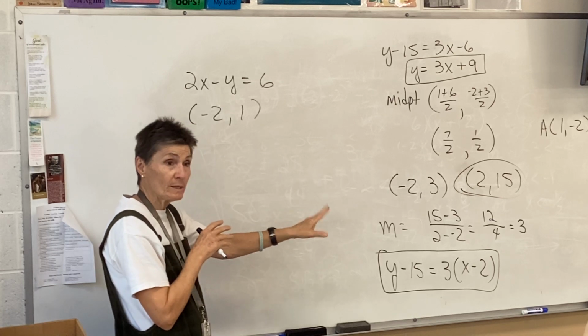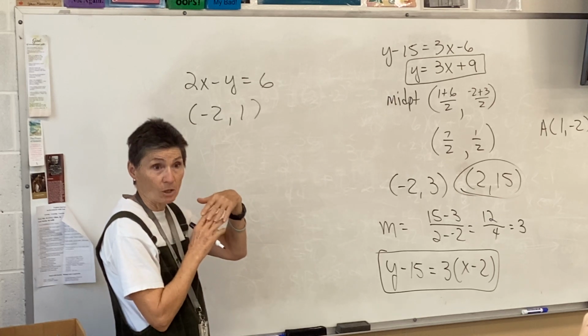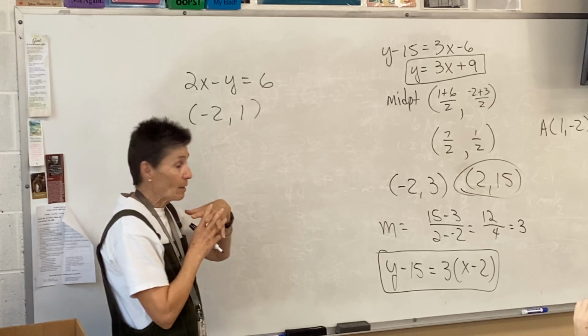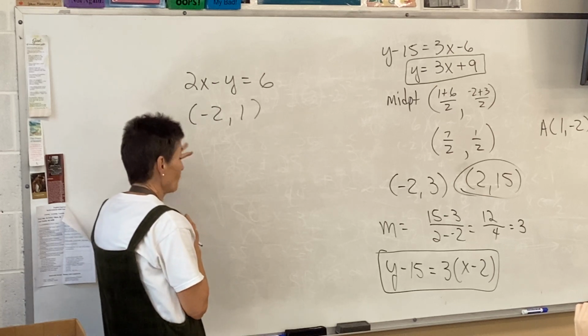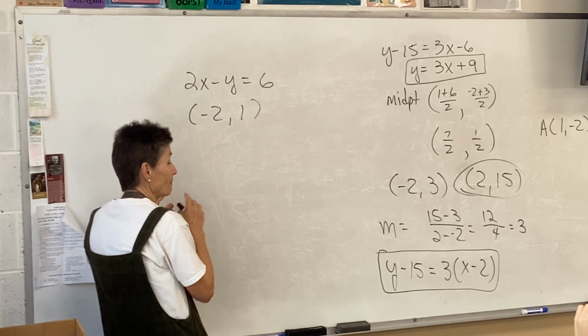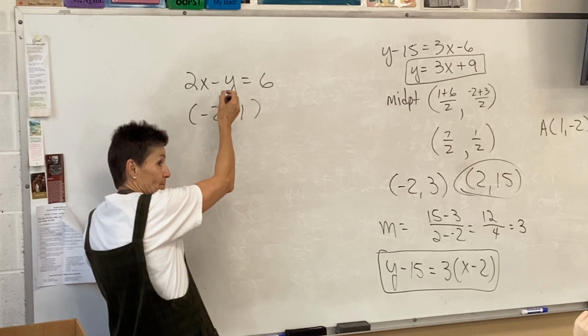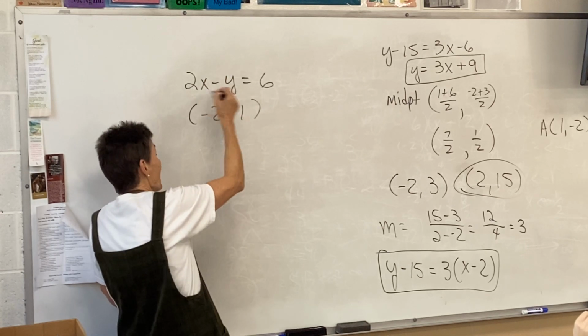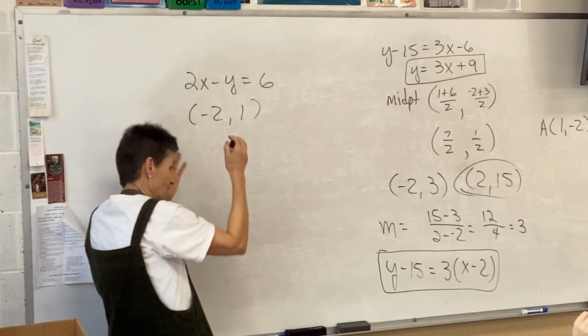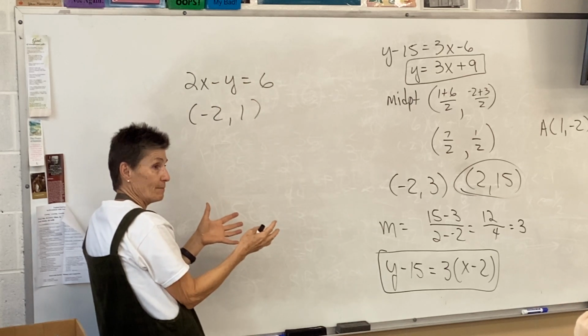The first thing we did was find the slope, right? Now we're going to do the same thing here, but we're not going to find the slope the same way. We're going to have to find the slope of this line, aren't we? And how do we do that? How do we find the slope of a line if we already have the line?